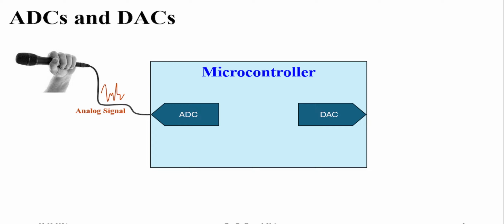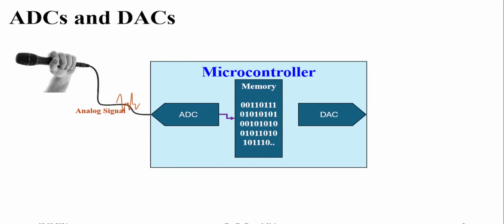These analog signals are fed to the analog to digital converter ICs which are present inside the microcontroller. Then these signals are processed by the ADC of the microcontroller or microprocessor.